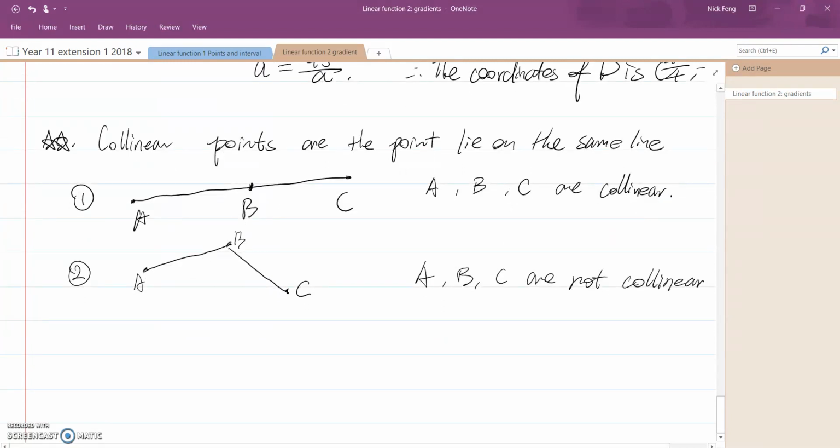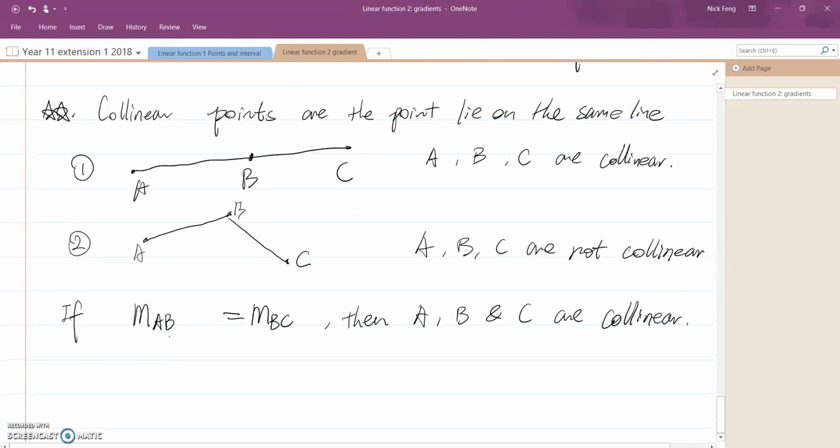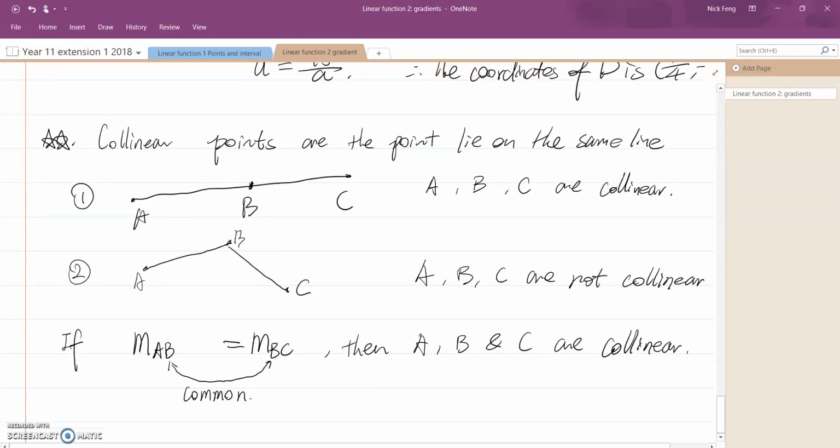And how are we going to use the definition of parallel lines to actually figure it out? It's actually quite straightforward. If, for example, the gradient of AB equals the gradient of BC, then A, B, and C are collinear. Why is that? Because you can see there is a common point B between the two straight lines or two intervals.